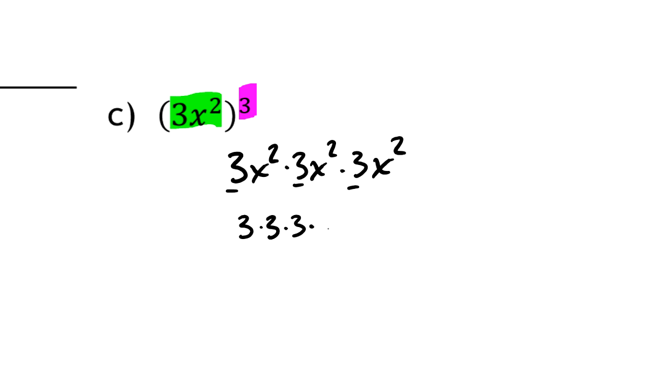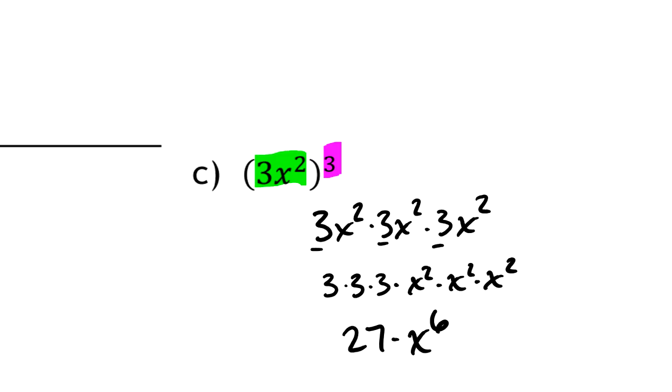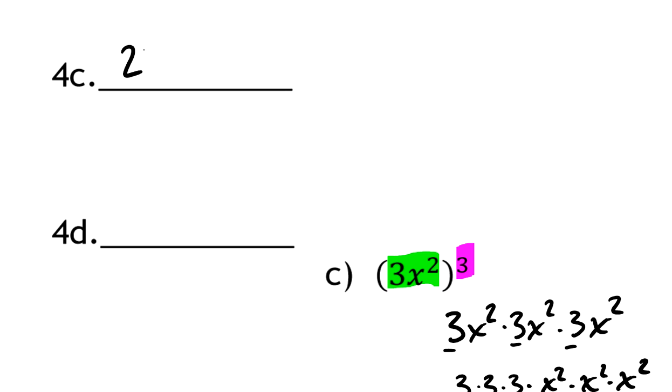So I have 3 times 3 times 3, and then I have an x squared times an x squared times an x squared. So I have 3 times 3 is 9 times 3 is 27 times x raised to the sixth power. There are exactly 6 factors of x there. So that was 27x to the sixth power.